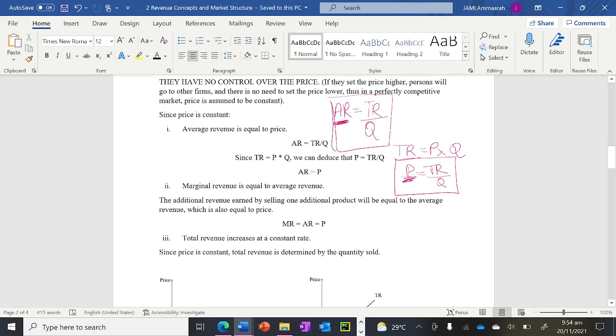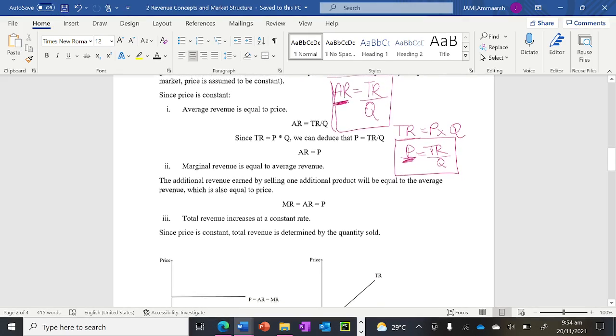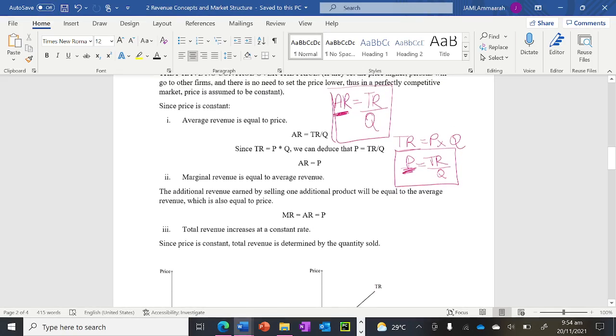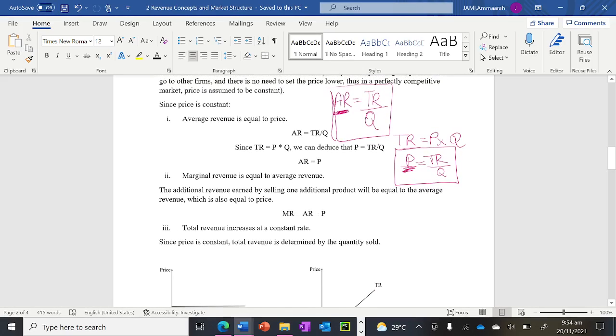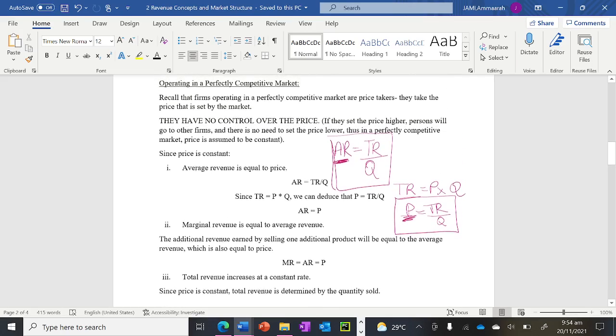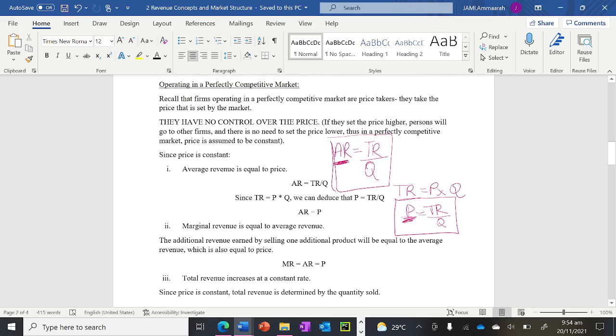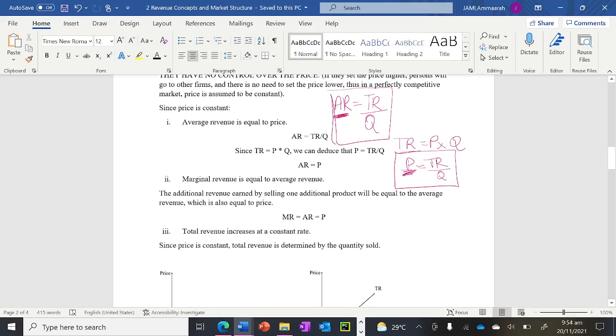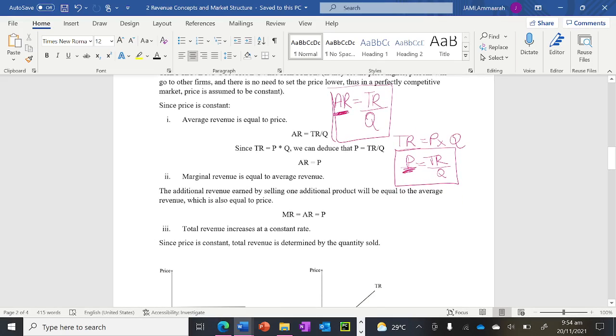Marginal revenue is equal to average revenue. That's one thing that we can assume in a perfectly competitive market. You don't assume this for an imperfectly competitive market. The additional revenue earned by selling one additional product will be equal to the average revenue.